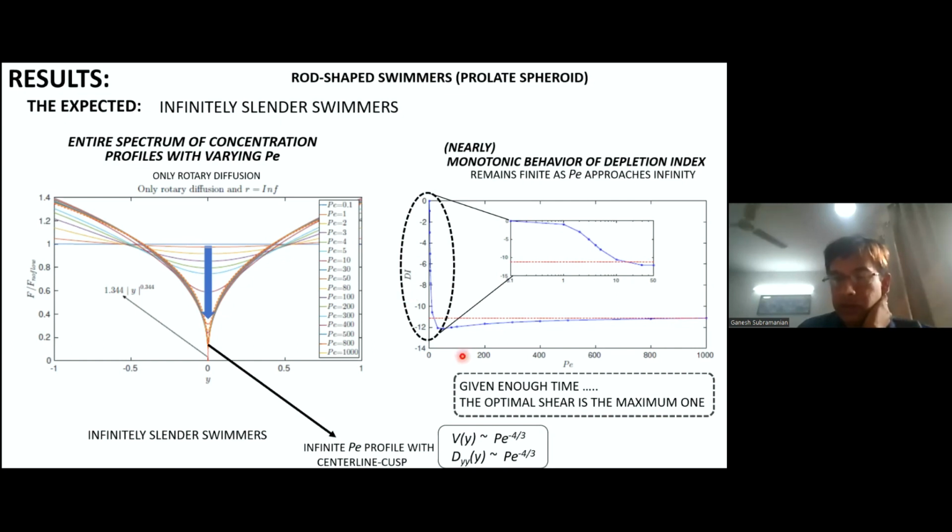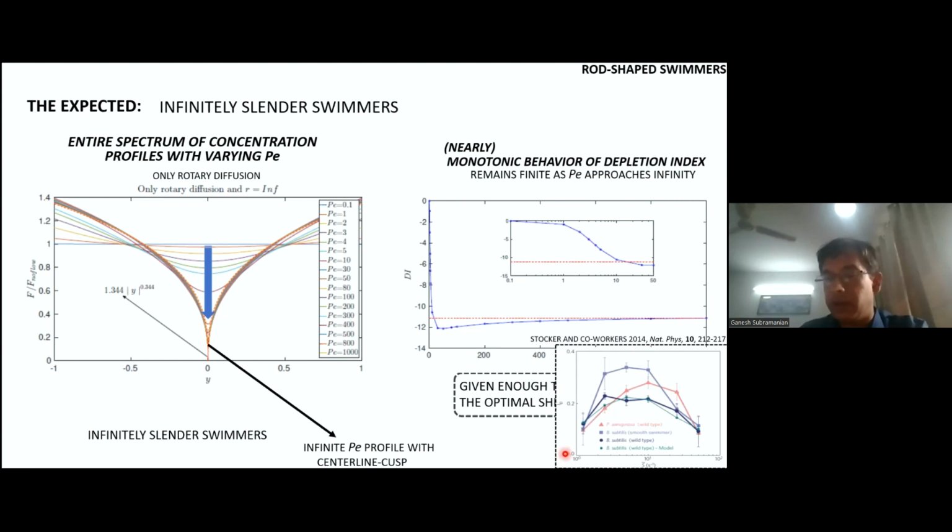This stood in contrast to the large non-monotonicity in the experiments, and we think that the problem was that the residence time in the experiments wasn't long enough, because the evolution time for the concentration profile becomes longer and longer as Peclet goes to larger and larger values.